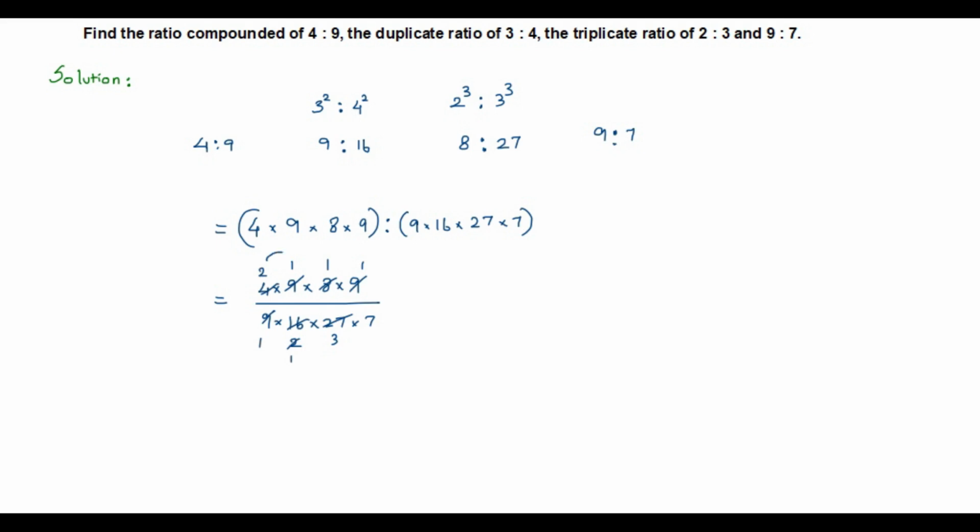So we get 2 times 1 2, again 2 times 1 2, 2 times 1 2. We get 2 in numerator, and 1 times 1 is 1, 1 times 3 is 3, 3 times 7 is 21. So we get the fraction 2 divided by 21. Now we can write this fraction as a ratio, that is 2:21. So this 2:21 is the ratio compounded of 4:9, the duplicate ratio of 3:4, the triplicate ratio of 2:3 and 9:7.